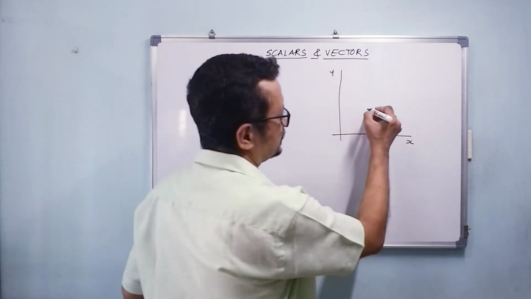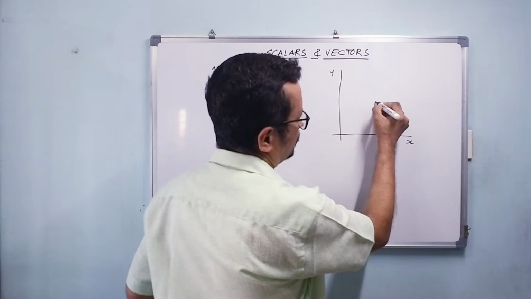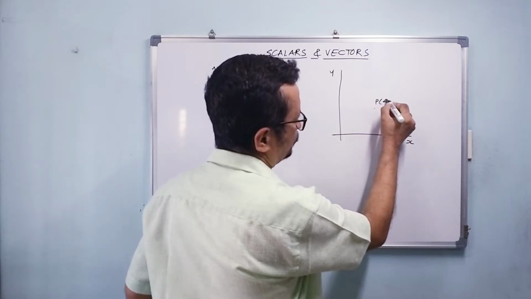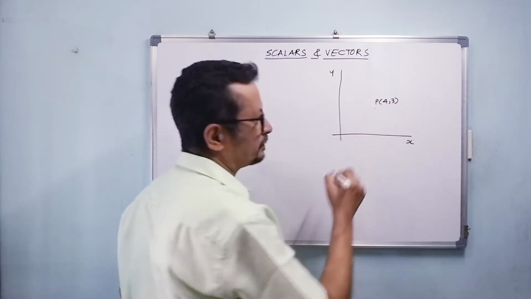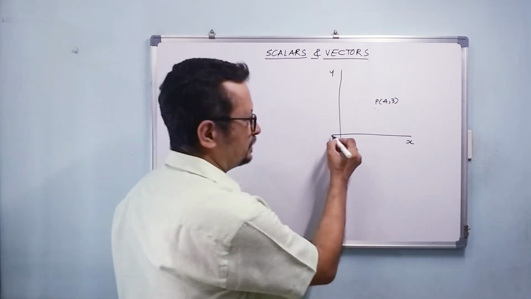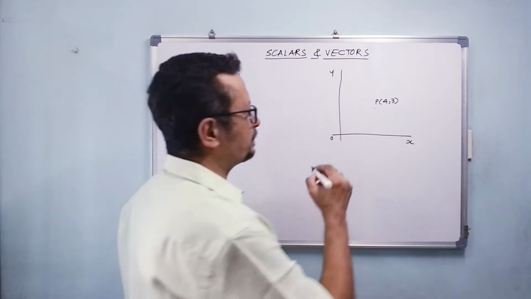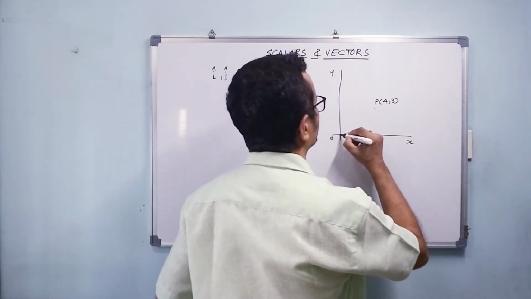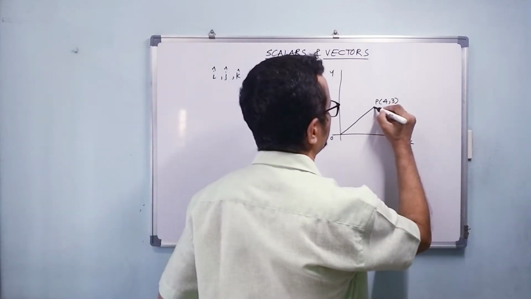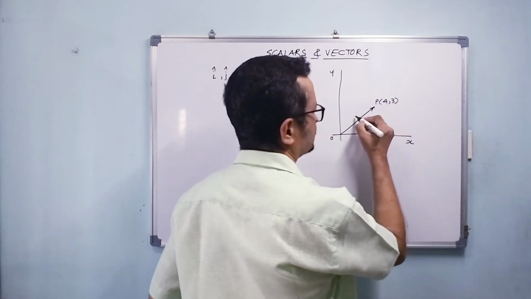There is this point, let us say P (4, 3). This is our origin. Then what is vector p bar? I connect the origin with this point P, and this is my vector p bar.